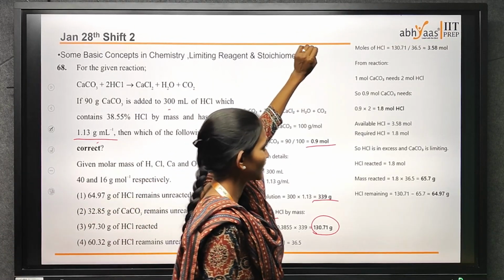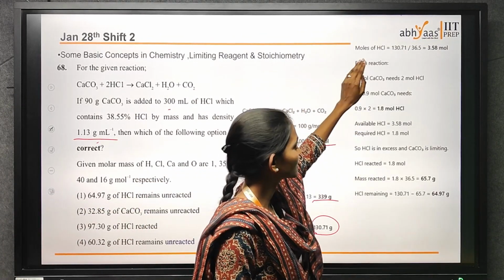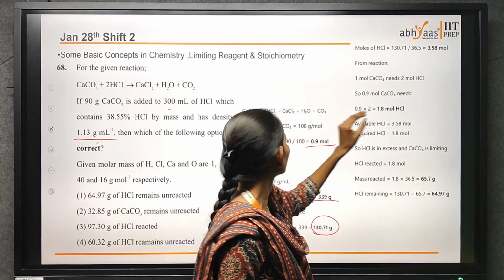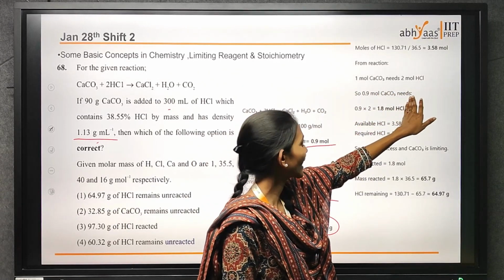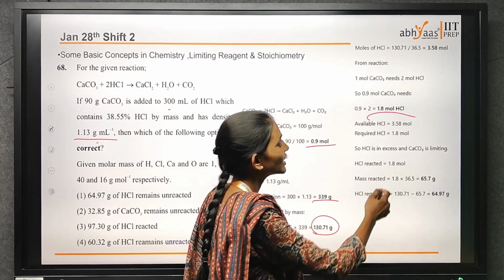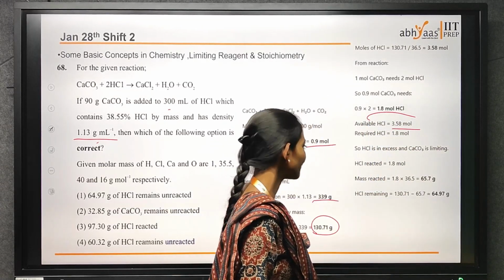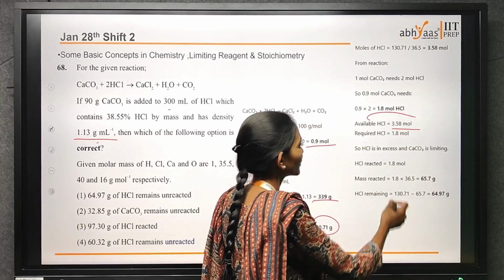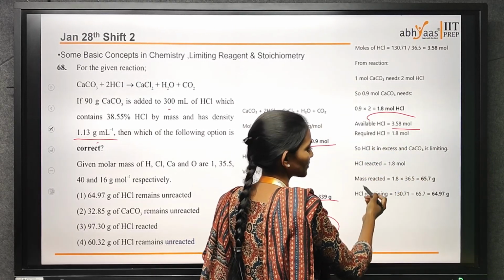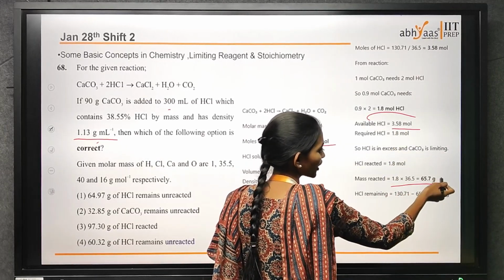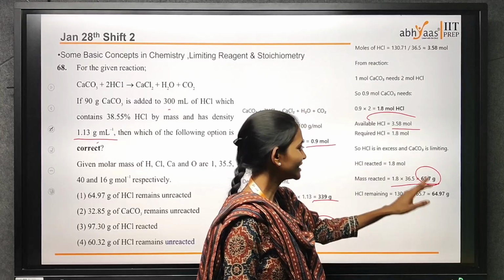From the reaction, 1 mole of calcium carbonate needs 2 moles of HCl. So 0.9 moles of calcium carbonate needs 0.9 into 2, which is 1.8 moles of HCl. HCl reacted in mass is 1.8 into 36.5, which is 65.7 grams.